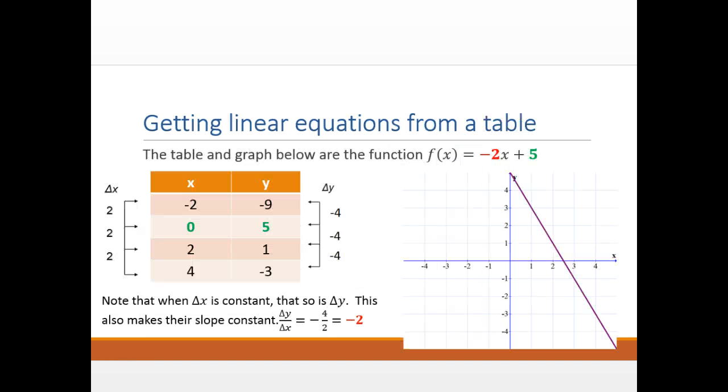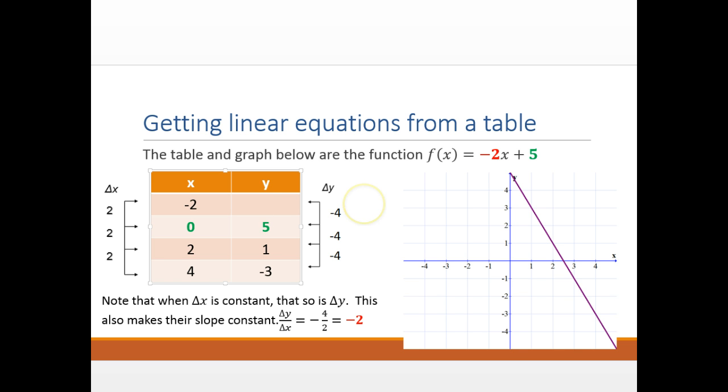I can also do this with a table. If I look at a table, we don't have to necessarily plot these points, but we can sit there and look at it again. We notice the delta x is consistent. It's 2 all the way down. If we look at the delta y, we're going 4 all the way down. Sorry about that. I have some wrong data values in here.